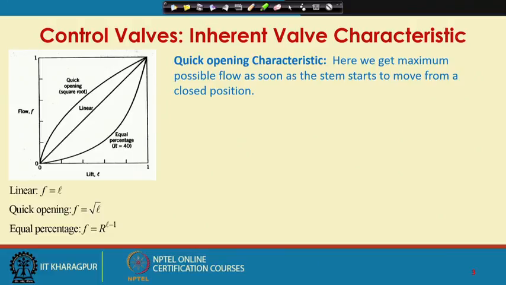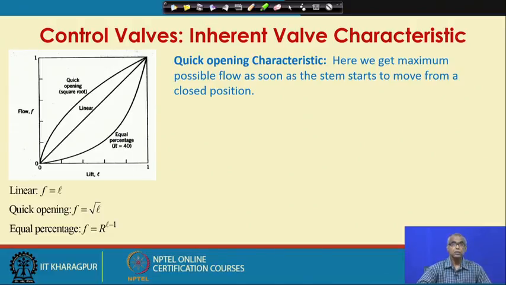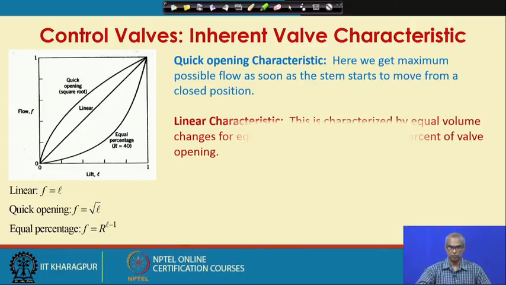So, we have talked about inherent valve characteristics, we have talked about three characteristics: linear, quick opening and equal percentage control valves. The characteristic plots are shown. Quick opening characteristics, here we get maximum possible flow as soon as the stem starts to move from a closed position.